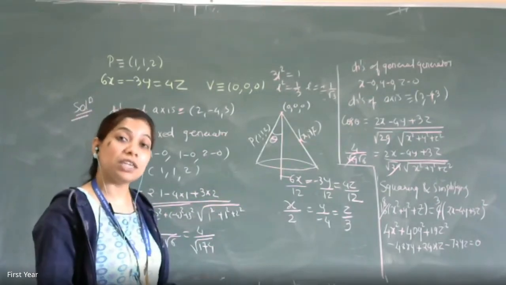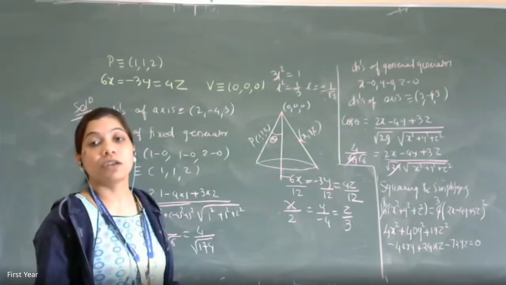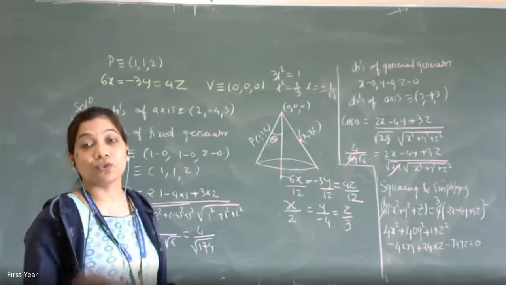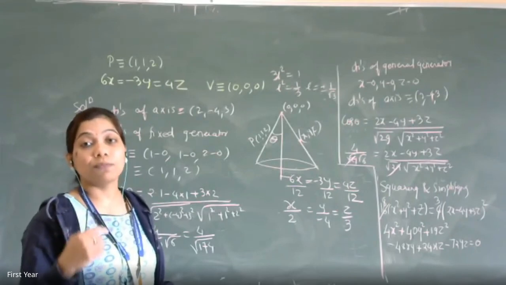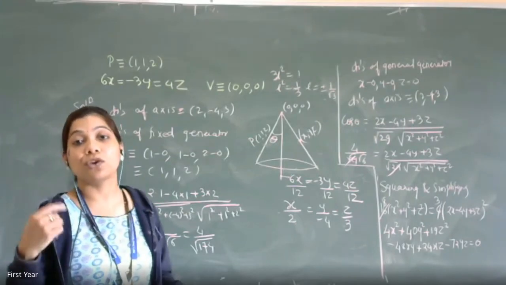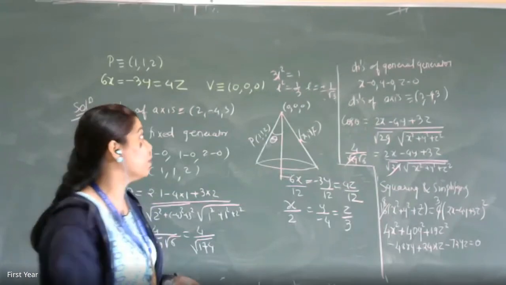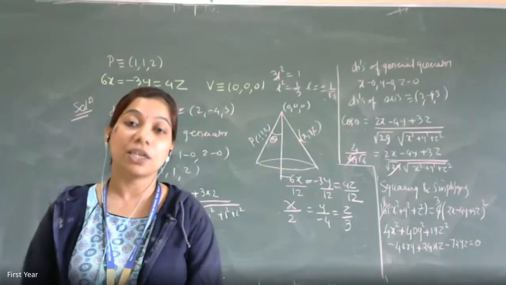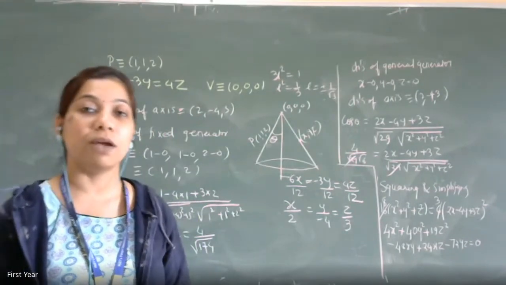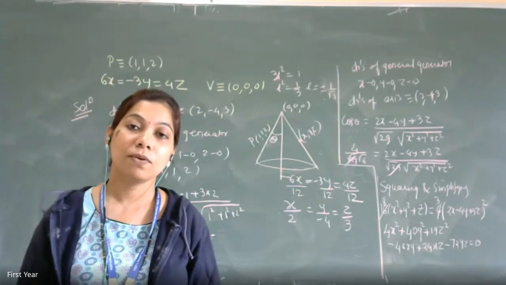Which is the easiest number? 1, 1, 1. So take your direction ratios as 1, 1, 1, and that's why the equation of the axis will be x minus 0 by 1 equal to y minus 0 by 1 equal to z minus 0 by 1, because the vertex is origin. And that's why the equation of the axis is x by 1 equal to y by 1 equal to z by 1.